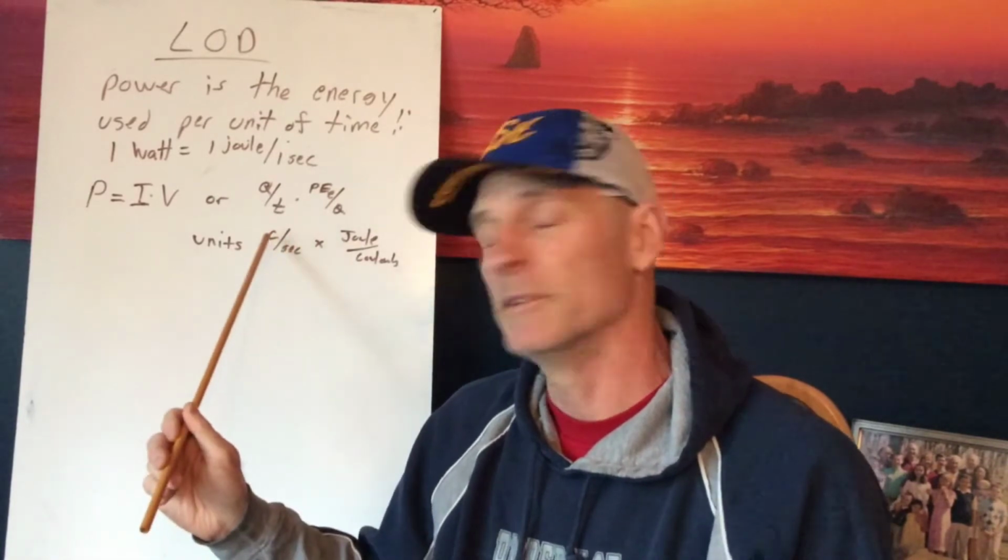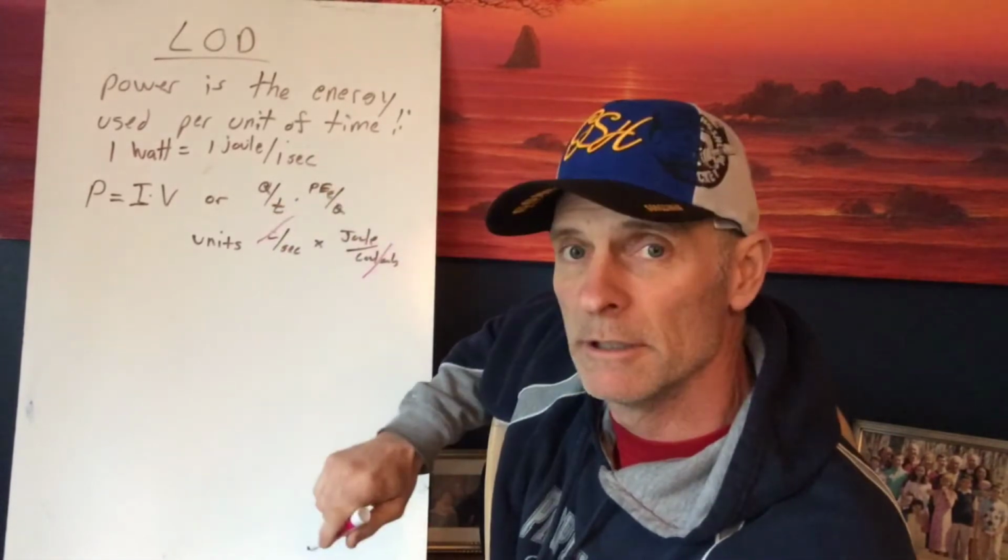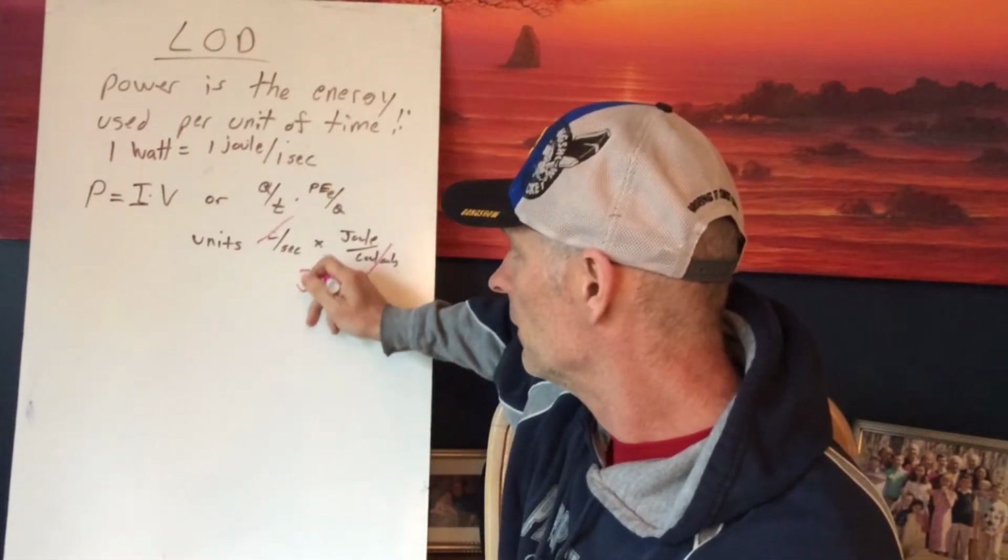Not the same thing. So, what happens when you have a coulomb per second and you divide by a joule per coulomb? Well, my friends, you've probably already seen this. The coulombs are going to cancel. And you're simply left with joules per second, as you would be in the energy stuff from the first semester.